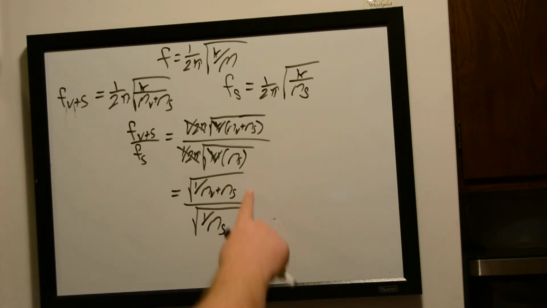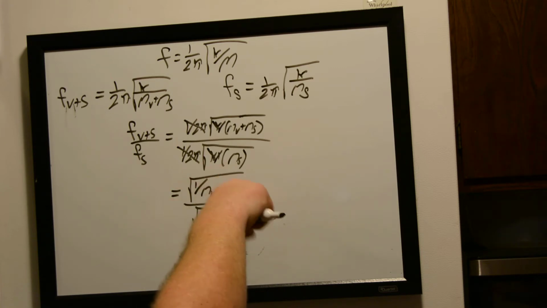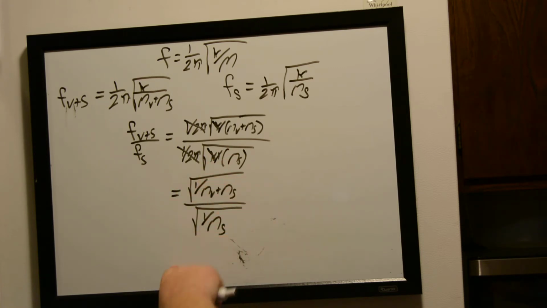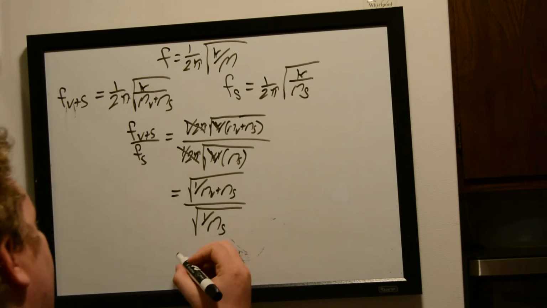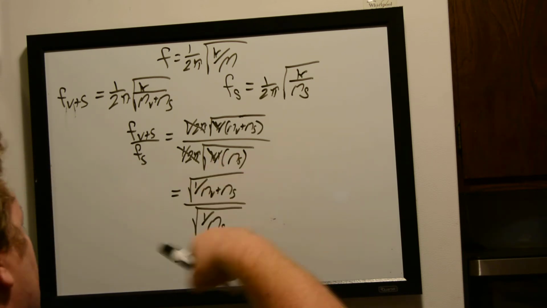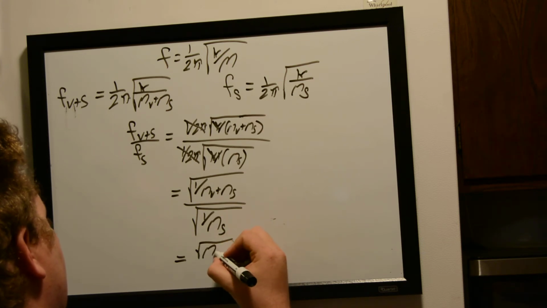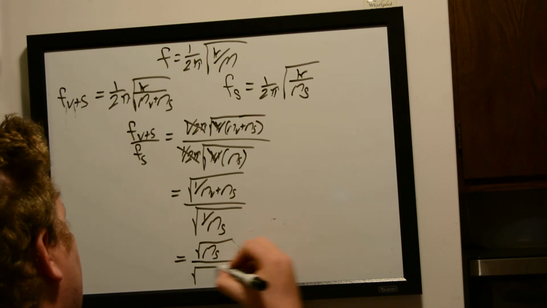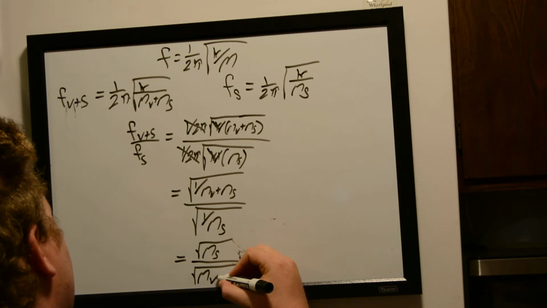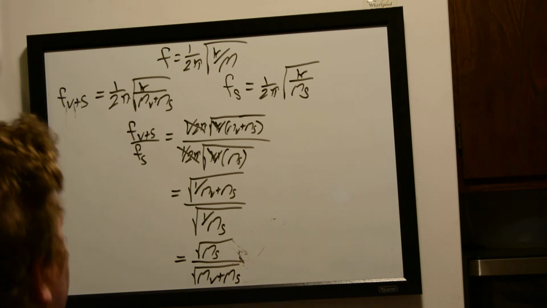So we rewrite that as radical 1 divided by the mass of the virus plus the mass of the silicon over radical 1 over mass of silicon. And these fractions allow us to basically just swap places here. So that's going to be the root mass of silicon over root mass of virus plus mass of silicon.